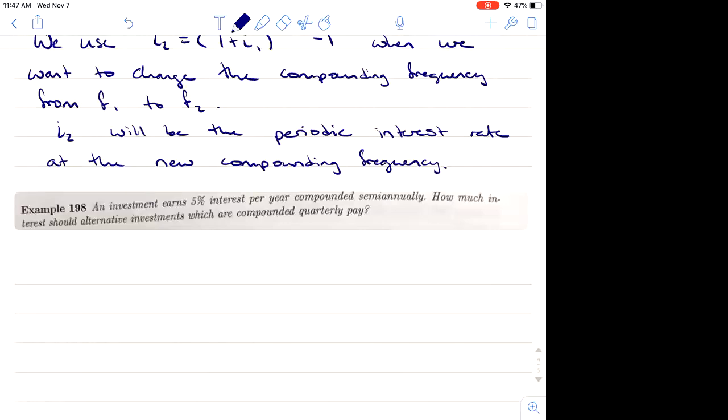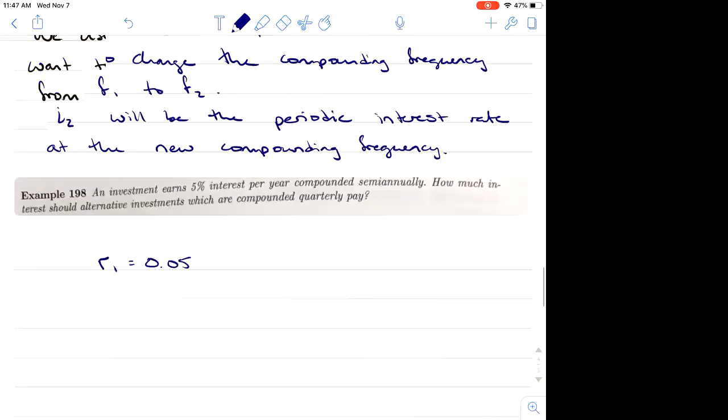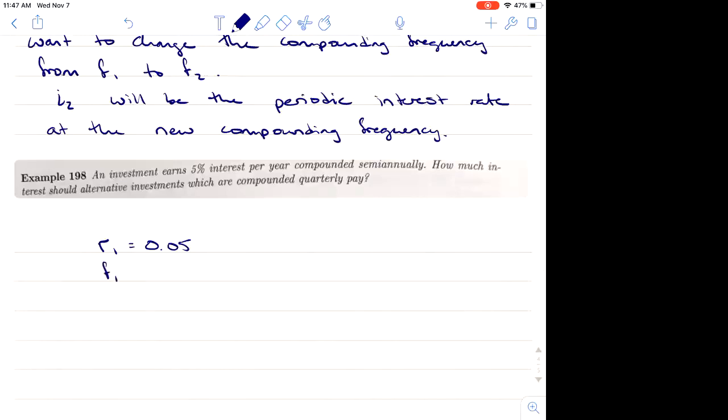So we've got R1 is 0.05 and F1, it's compounded semi-annually, so the frequency is 2. We want to find R2.